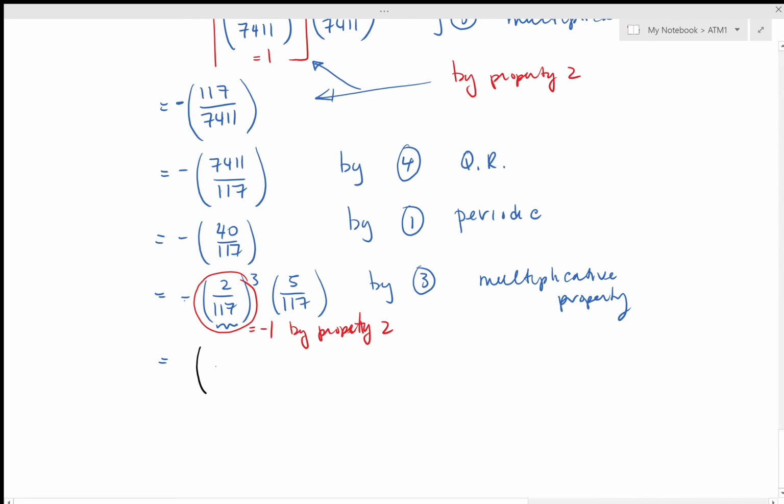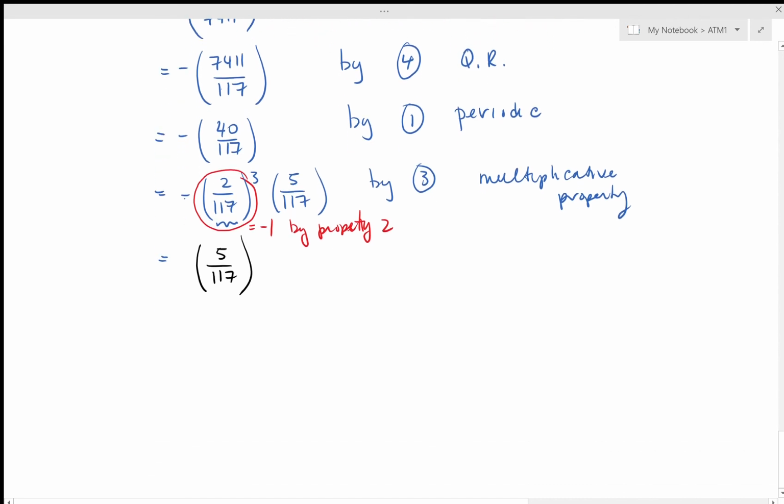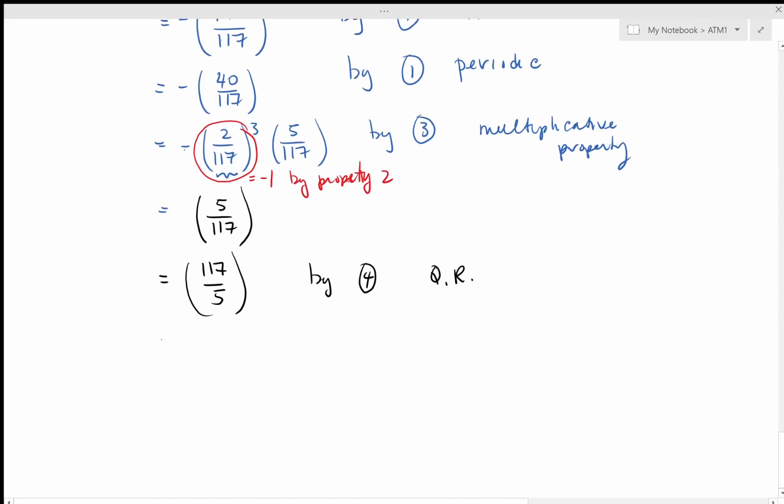Okay, so this one here is like that. That was by property 2 going through there. And then I'm going to do the same thing, 117 over 5, like that. And that's going to be by property 4, quadratic reciprocity. And then I'm going to reduce.